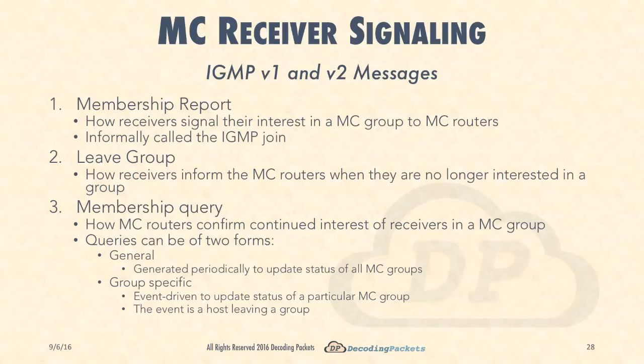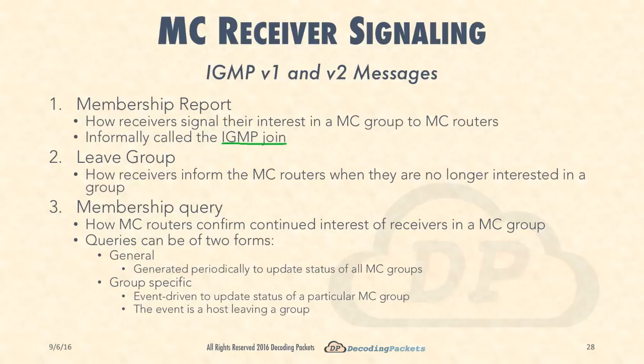The informal name for this is a little bit more descriptive: you would often see it called an IGMP join. This is how the receivers signal their interest in a multicast group to the multicast routers. If there was one message that you couldn't do without, this would be that message: the IGMP membership report, also called the IGMP join.